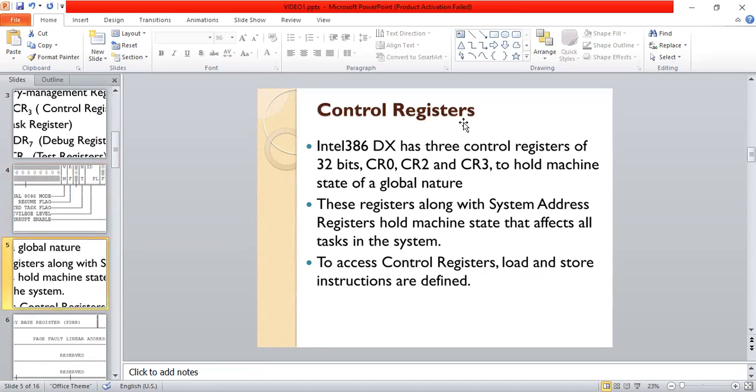Control registers. The Intel 80386DX has three 32-bit control registers, CR0, CR2 and CR3, to hold the machine state of a global nature. These registers, along with the system address registers, hold the machine state that affects all the tasks in a system.